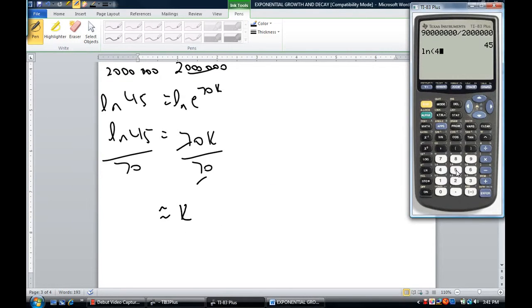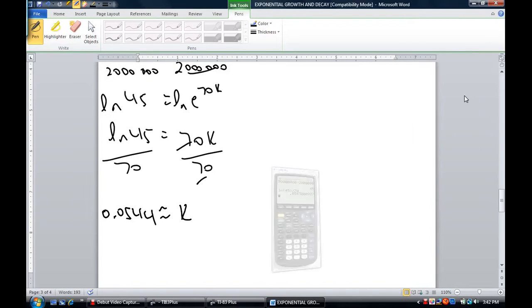Natural log of 45, close parentheses, divided by 70. I'm going to round to 3 decimal places. 0.054. Maybe I go to 4. Let's be safe. 0.0544. So that's our k.